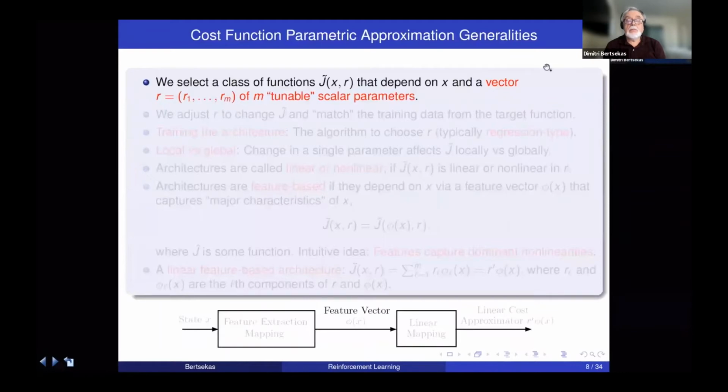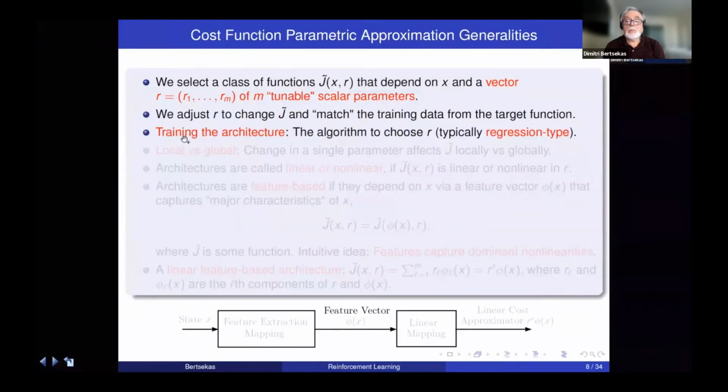Okay, so let me say a few general things about cost function parametric approximation. As I mentioned earlier, we select a class of functions that depends on a parameter vector r that has m components, which you can change. They're tunable scalar parameters that you can tune, and therefore change J tilde so as to match the training data from the target function.